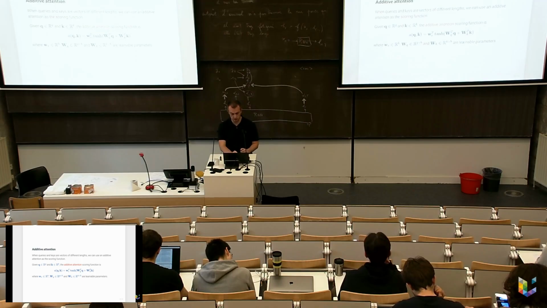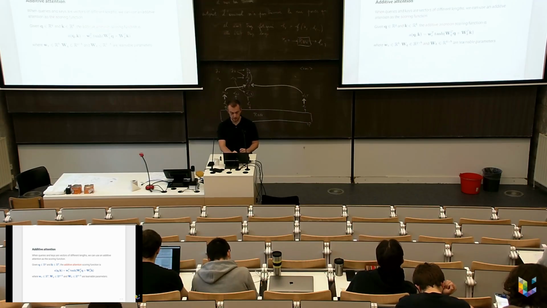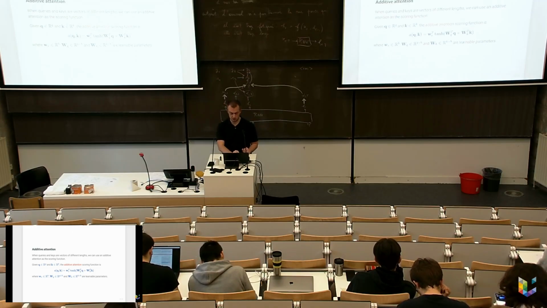Then what you do is that you map the query Q to a vector by doing a linear projection through some matrix W transpose Q, which will project the query vector to a vector of size h.